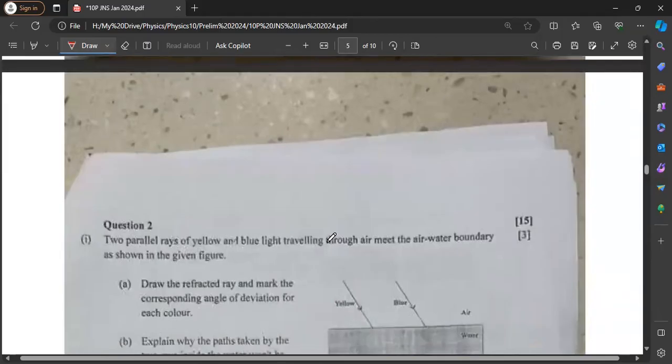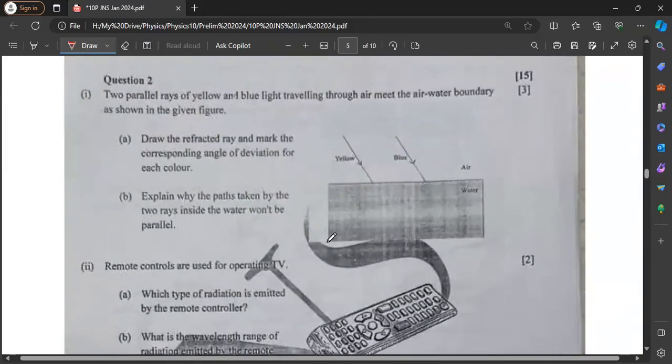Okay, moving ahead. Because of dispersion, remember, we see rainbows. Now these are two parallel rays of light. So this is yellow, this is blue. When I draw a normal over here, and this is VIBGYOR, deviation will be more for violet. So that means blue will deviate more than yellow. So this is the direction in which they are going.